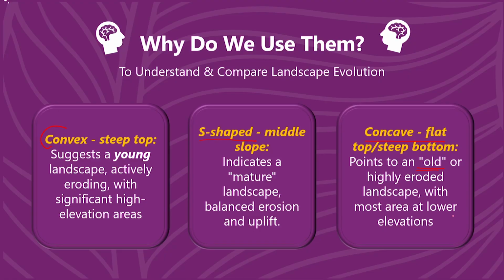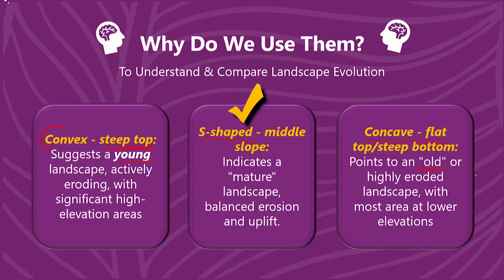So, let us have a recap. First is a convex curve, which means there is a very steep top. Like I said, the convex curve has a steep top. It means it is young and there is active erosion in these regions. The second scenario is an S-shaped curve, which indicates a mature landscape.